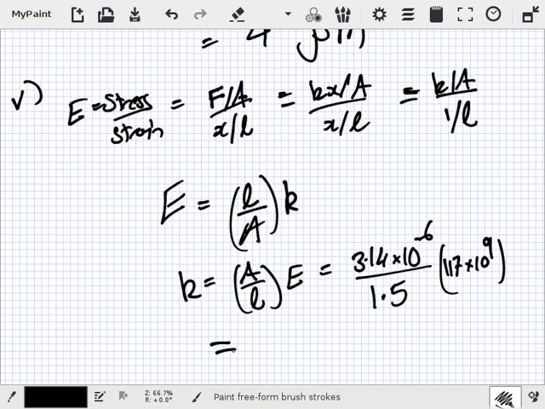And then that's this question finished. Two, four, four. 920 newtons per meter.